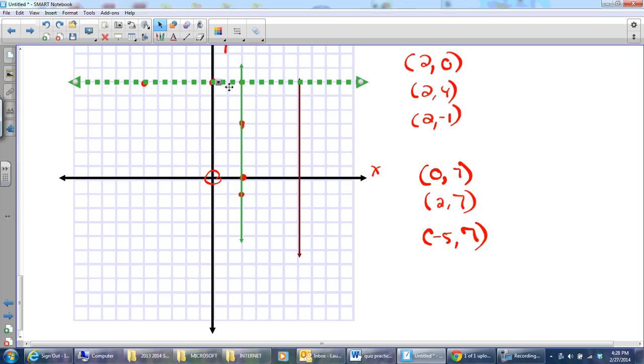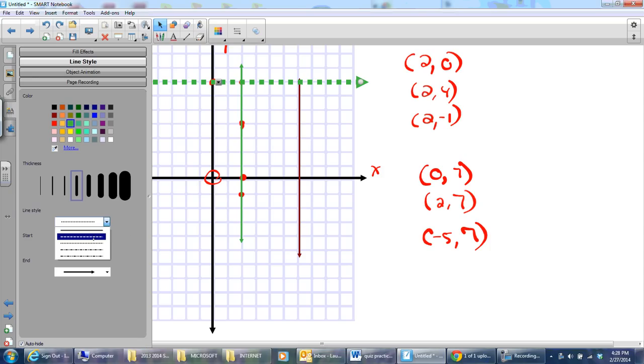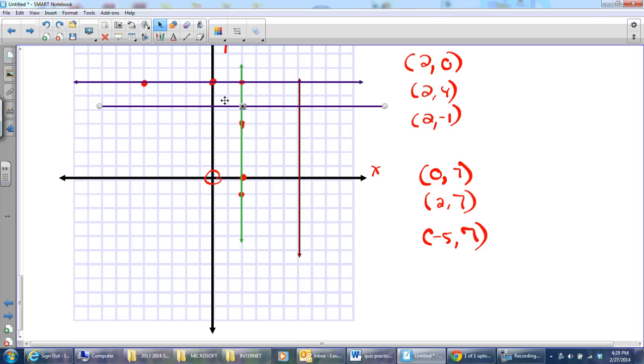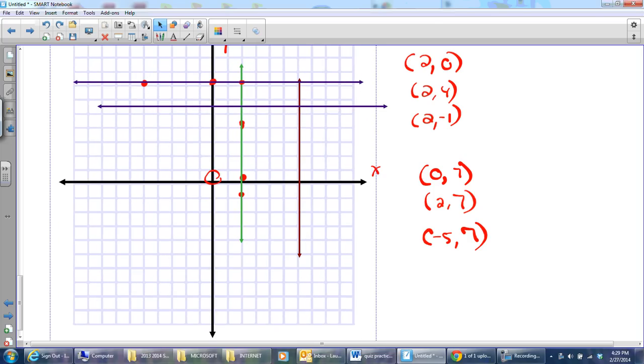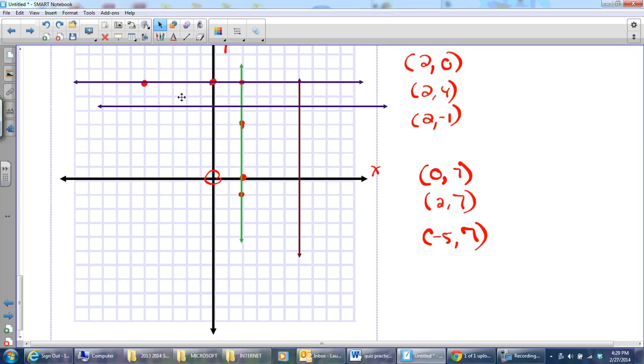And we'll make it kind of a purple color. Now a parallel line to it would be any horizontal line going through the y-axis. Can't seem to get that line to move.